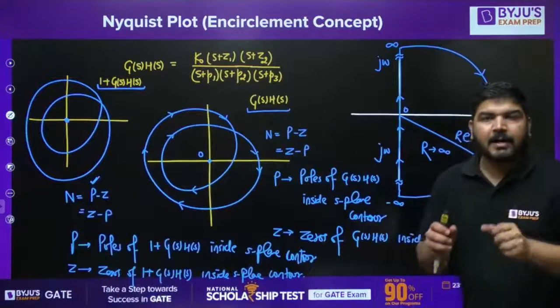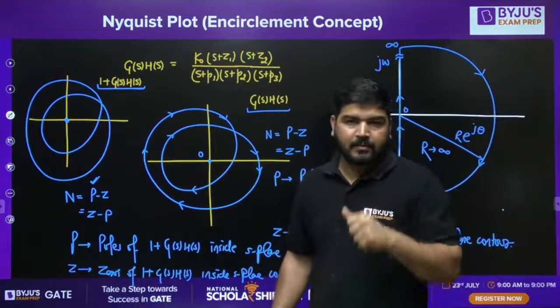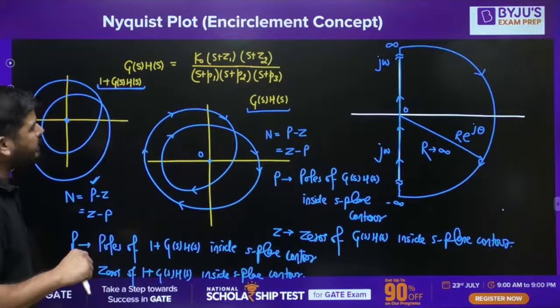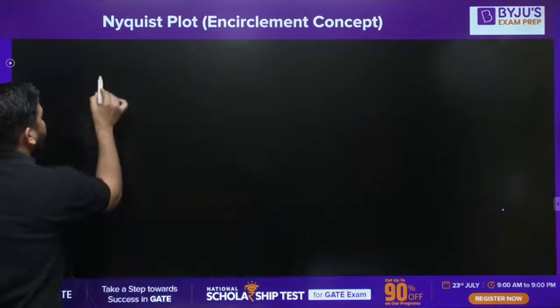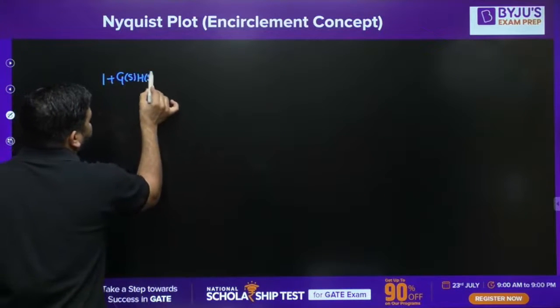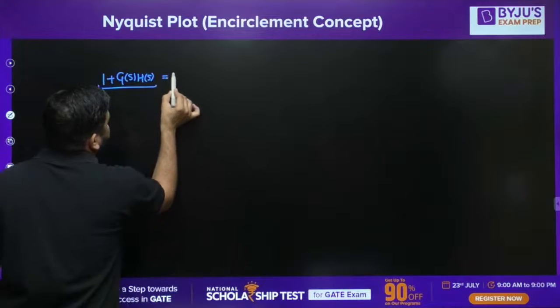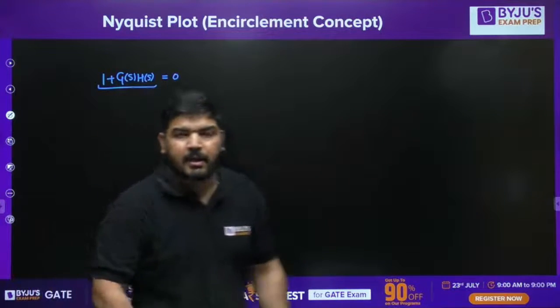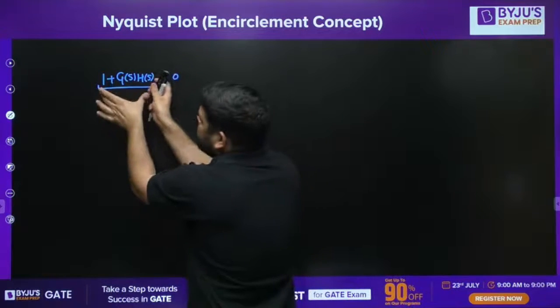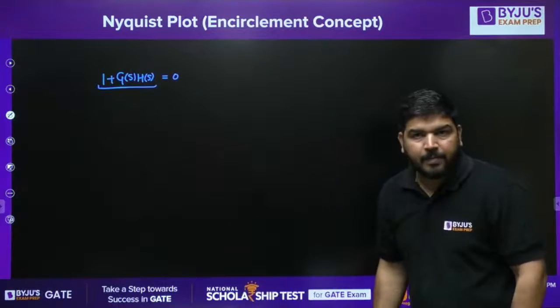So what you can do is, there is a trick. What is the trick? There is a simplified version. What is the simplified version? We want to map the S-plane contour into 1 plus G(s)H(s) because 1 plus G(s)H(s) is my characteristic equation. So you are mapping the S-plane contour into 1 plus G(s)H(s) and looking at the encirclement of origin.